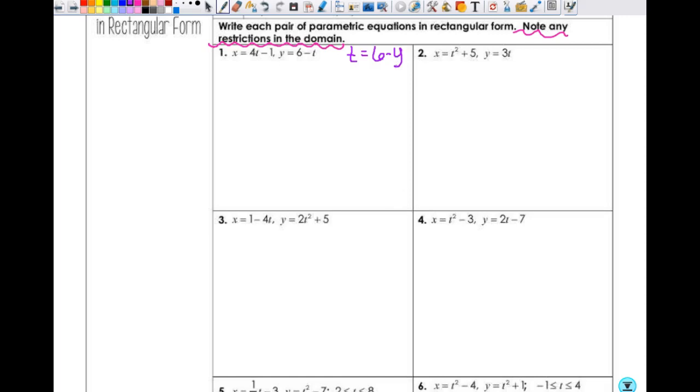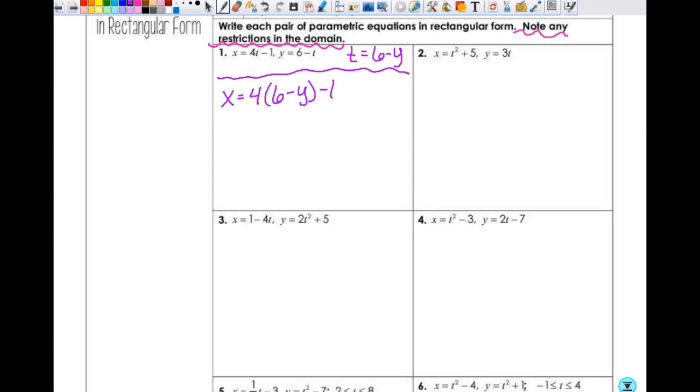Then now that I have my t equation, I'm going to take that 6 minus y and substitute it in for t right here. So I'm going to get x equals 4 times (6 minus y) minus 1. And then I'm going to need to get y by itself. I could multiply through right here if I wanted to, or I don't necessarily have to.